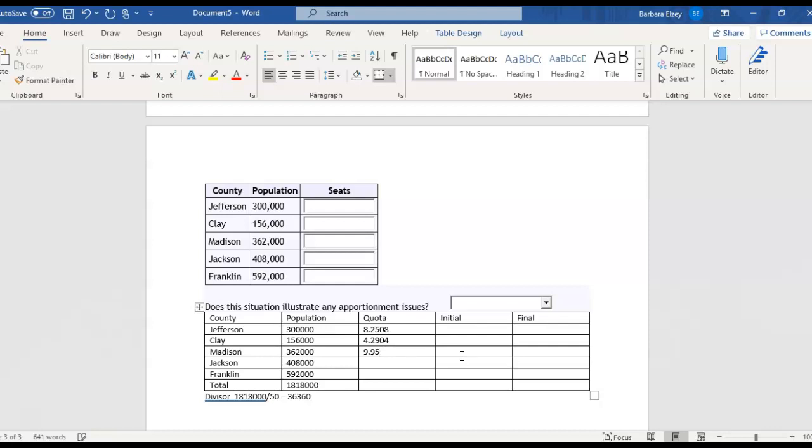And now let's take our 408,000 and divide it by 36,360. And that gives us 11.2211. And finally, let's take our 592,000 and divide it by 36,360. All right, so we get 16.2816.